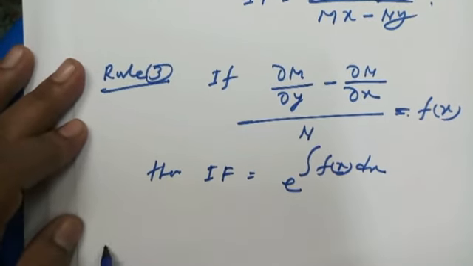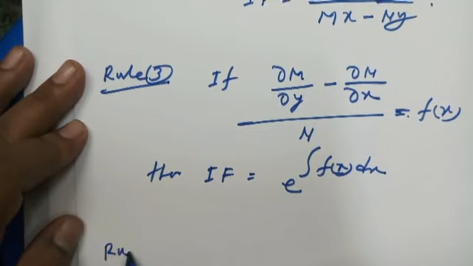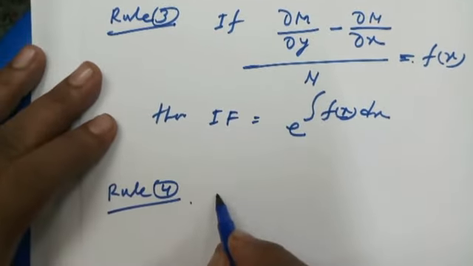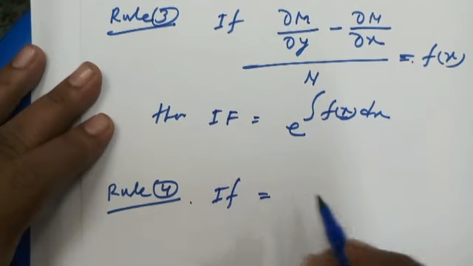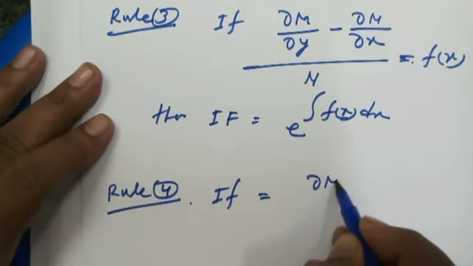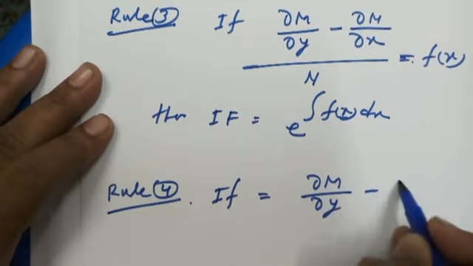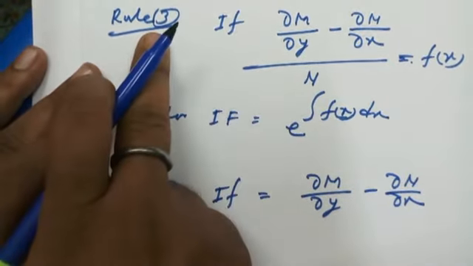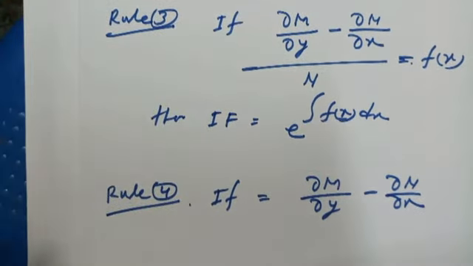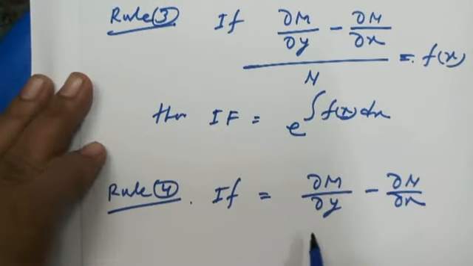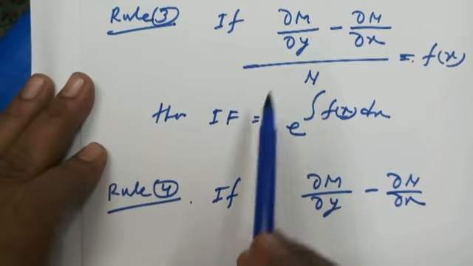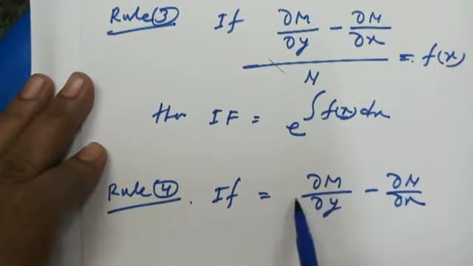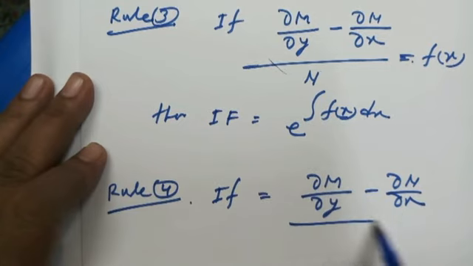Let's move to rule number 4, and rule number 4 is, when (del M upon del y minus del N upon del x)... students, carefully observe, the numerators of rule number 3 and rule number 4 are the same.